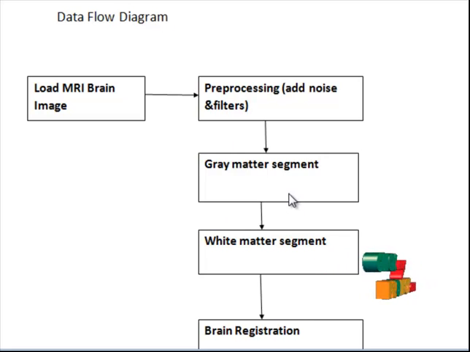The next one is gray matter segmentation. Gray matter segmentation: the surface-based labels are mapped from the atlas using the folding patterns, specifically the curvature of the cortical surface, and then converted to a volumetric representation by projecting the label values from the surface to the pixels labeled as gray matter. The next one is white matter segmentation.